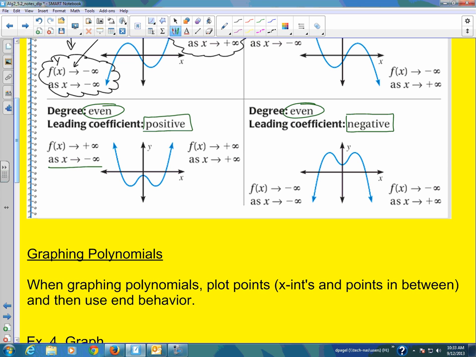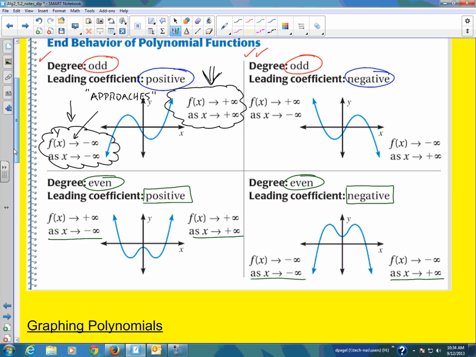Notation, what's going on? Y gets big as x gets smaller. Y gets big as x gets big. On the other side, y is getting smaller as x is getting smaller. And over here, y is getting smaller as x is getting larger. So there we go. The end behavior, very important for us.